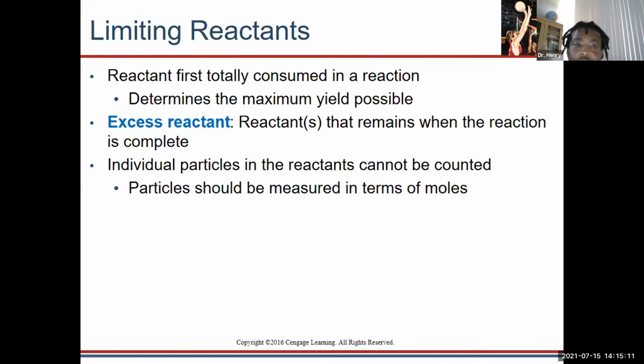Now seriously, this is really important for you guys to understand. Really, really important. When you make a grilled cheese sandwich, you have 2 pieces of bread. So we're going to say 2B, 2 pieces of bread, plus 1 slice of cheese, equals 1 sandwich. You guys got that? Okay, good.